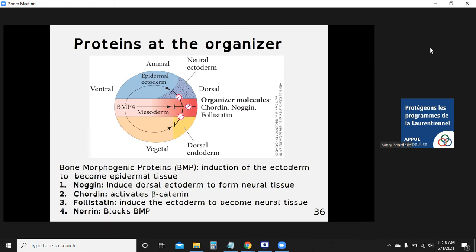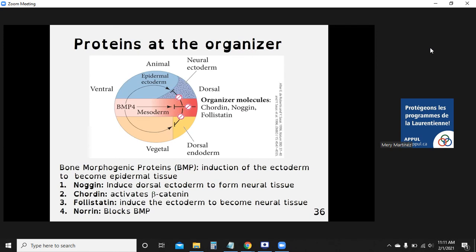And last but not least, we have norrin. Norrin is present in the egg, mainly in the animal pole. So during gastrula, norrin normally is incorporated into the dorsal animal cells that will become the anterior dorsal part, so the head ectoderm.